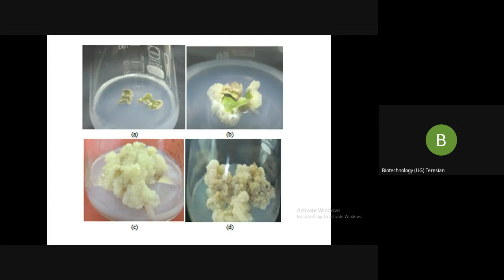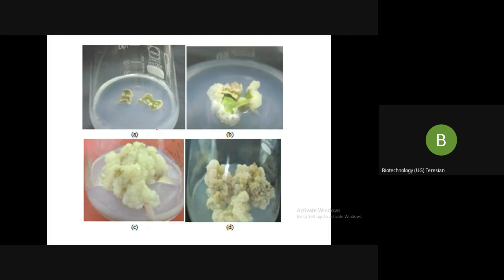This is a small picture which shows that. I have cut the explant, for example here a leaf. I have provided the nutrients and I'm growing it in the agar media. I have provided the growth regulators, auxin and cytokinin. You can see at the cut edges of my explant it has started to callus, and the entire callus can be formed. Then I can subculture it in the same constituents of the media.